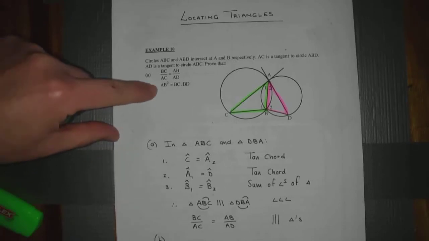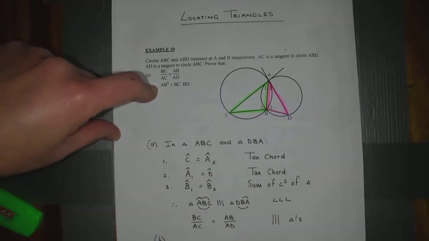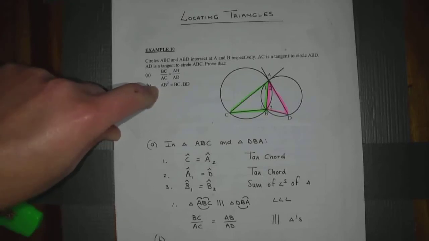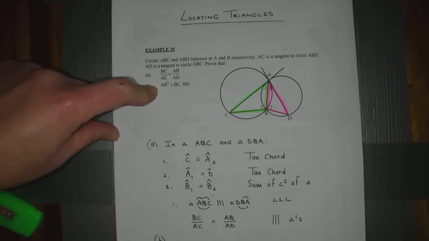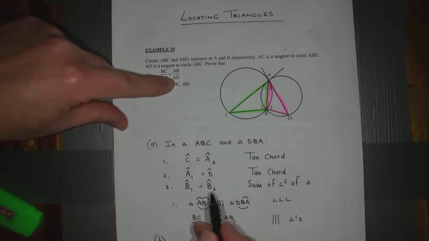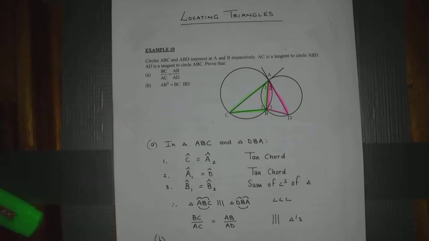If you look at AB, AB is over here. If you look at AB again, because that's what AB squared means, you're going to use AB in the one triangle and AB in the other triangle. So you've got AB over here, but you also have AB over there. Can you spot that? Then BC over here, and then BD, there's that one.